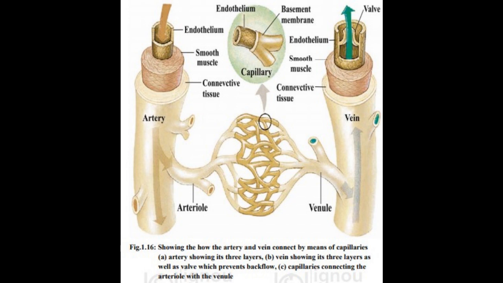These are the vessels which bring blood from various parts of the body back to the right atrium of the heart. The veins almost always contain deoxygenated blood, except in the case of the pulmonary veins, which carry oxygenated blood back to the heart after oxygenation from the lungs.